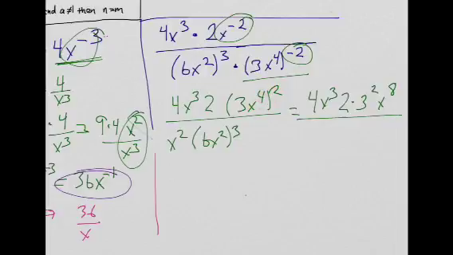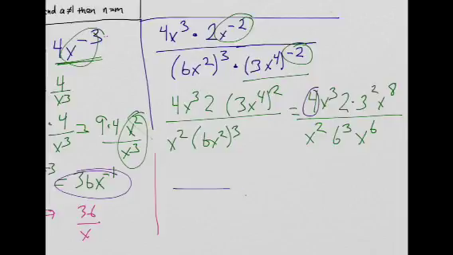On the bottom, I got an x squared, I got a 6 to the third power, and I have an x to the second power raised to the third, which is going to be 2 times 3 is 6. Now I'm going to break this up, and I'm going to separate this into numbers and variables.